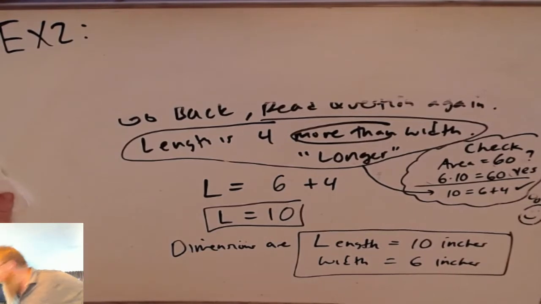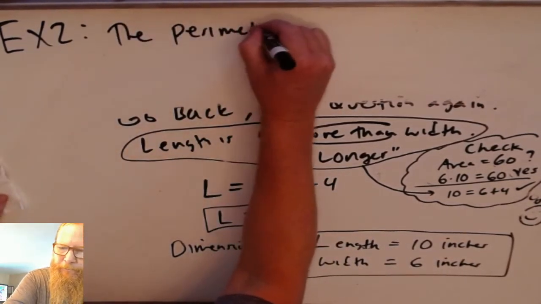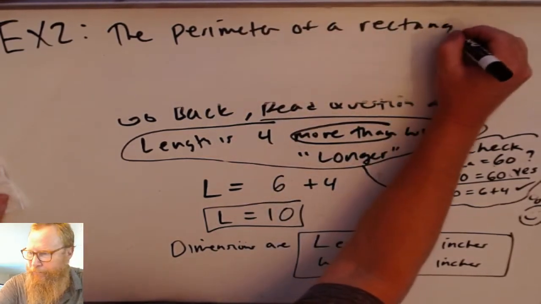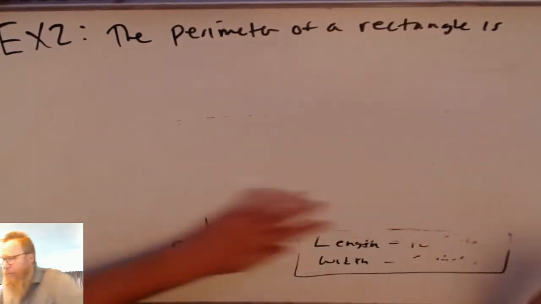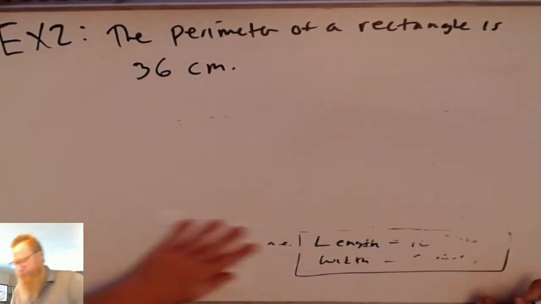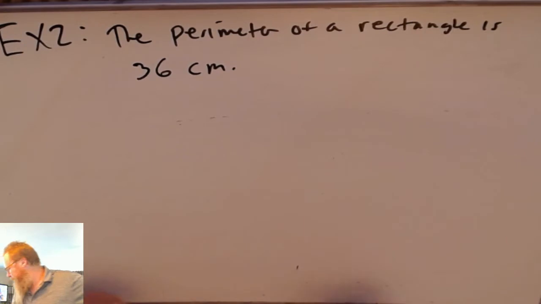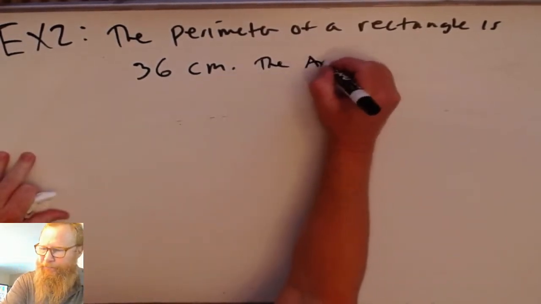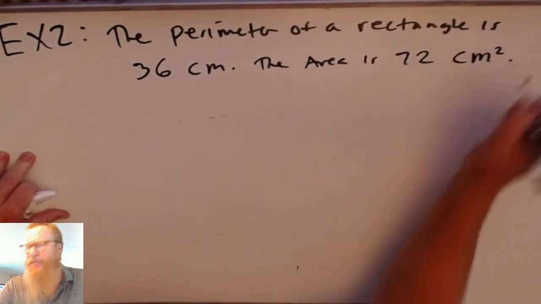Example 2. Talk about perimeter. The perimeter of a rectangle is 36 centimeters, and the area is 72 square centimeters.